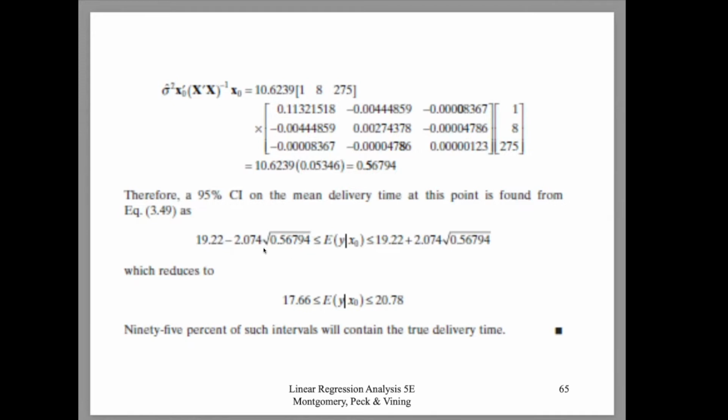All right, that gives us the margin of error. We subtract that from the point estimate, add it to the point estimate, and then we get our confidence interval. And so that confidence interval ranges from 17.66 up to 20.78. And so when x1 is equal to 8 and x2 is equal to 275, we are 95% confident that the average delivery time is somewhere between 17.66 minutes and 20.78 minutes.